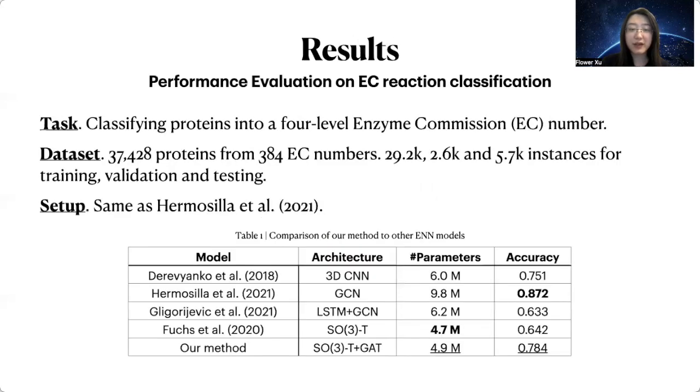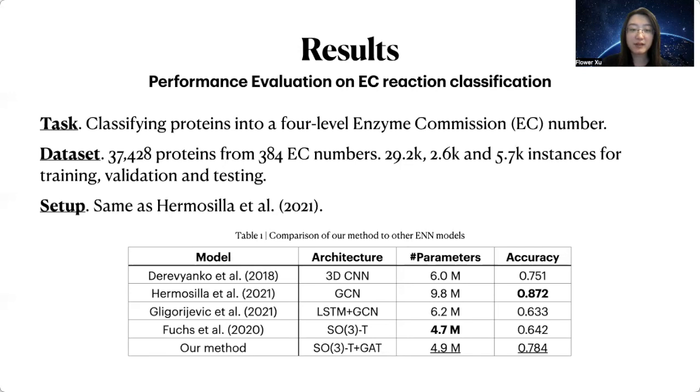Then we evaluate our method on two aspects: predicting protein functions and identifying important amino acids. First, to evaluate the performance on prediction, we use the same dataset and data splitting as Hermosilla's work in 2021.